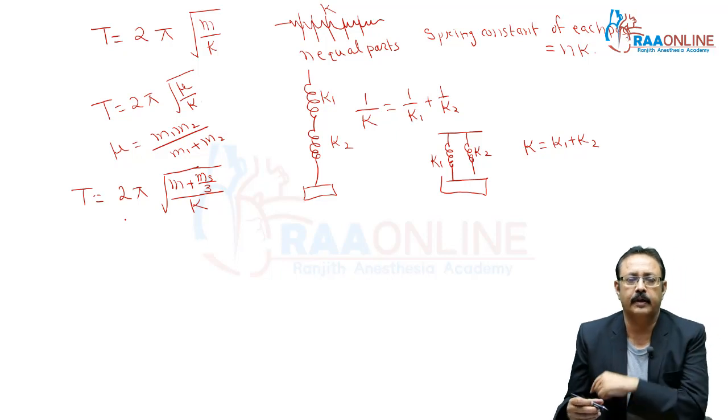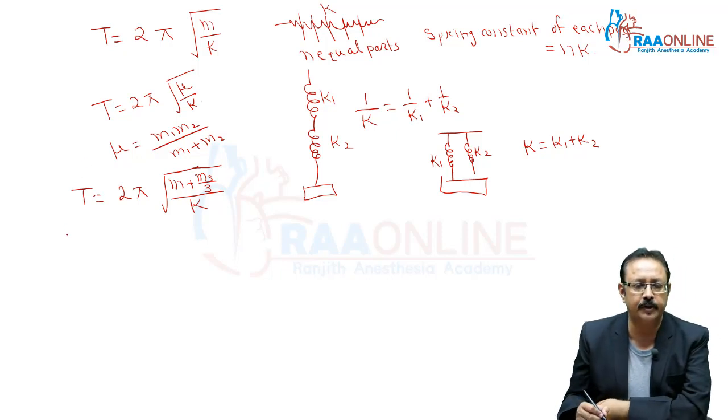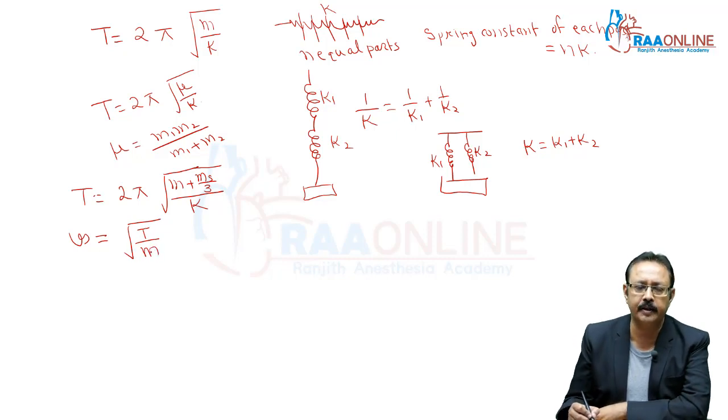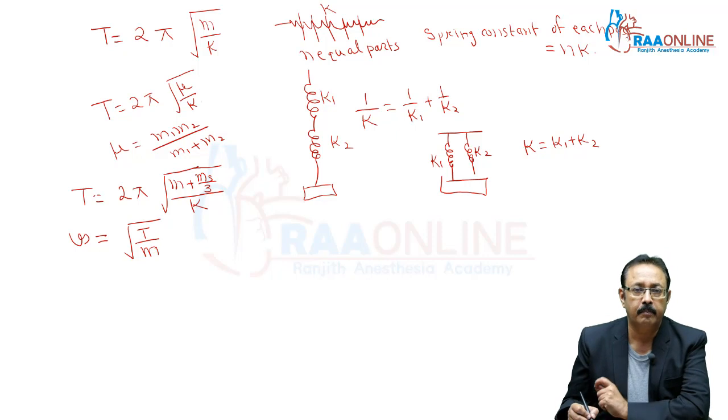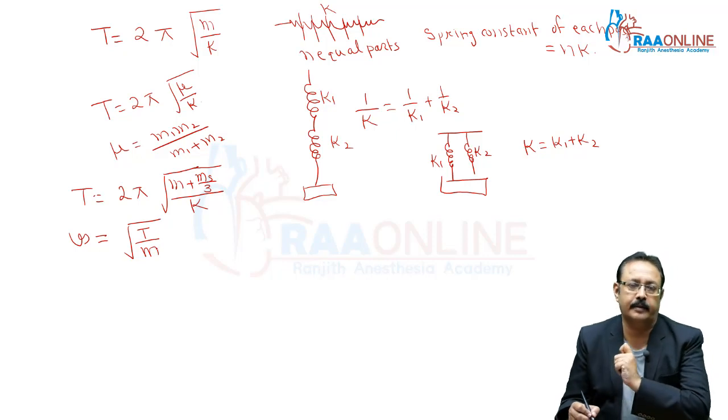Now the velocity of transverse waves you can calculate by the formula root T over m. T is tension and m is mass per unit length.